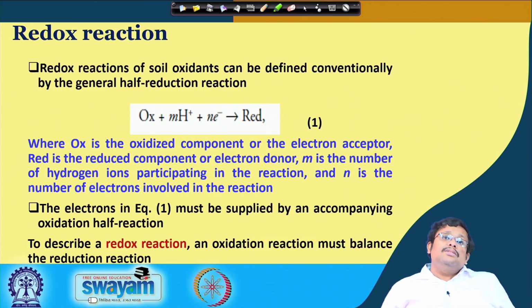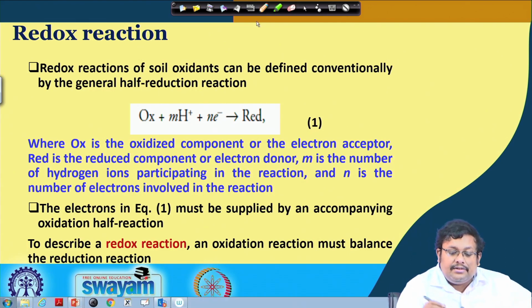Now, redox reaction of soil oxidants can be defined conventionally by the general half-cell reduction reaction, which is basically denoted by oxidized form plus mH+ plus ne- equal to reduced form.